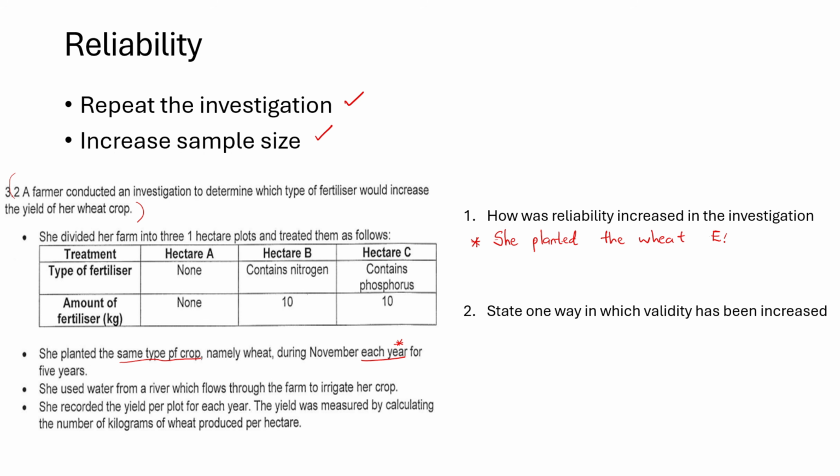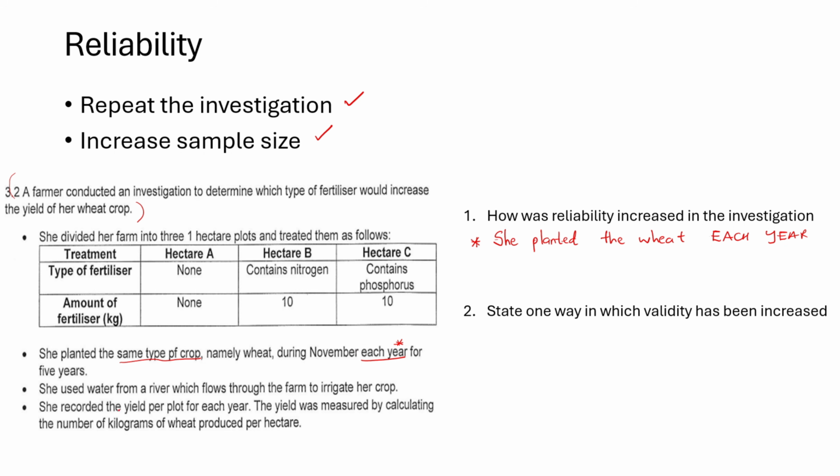The word each year indicates that she repeatedly did this. She was repeating the investigation. So she planted the wheat each year. The word each year is trying to tell you that the investigation was repeated.